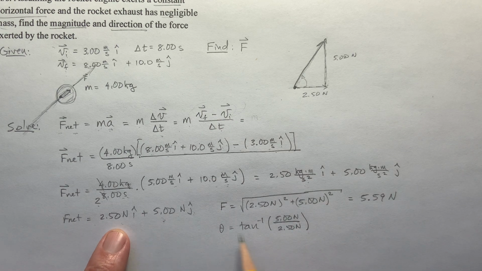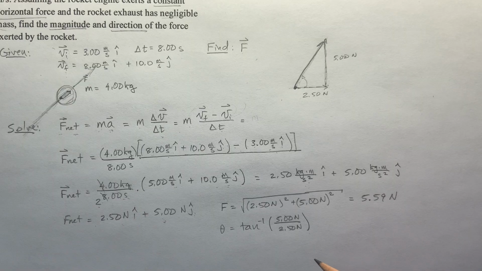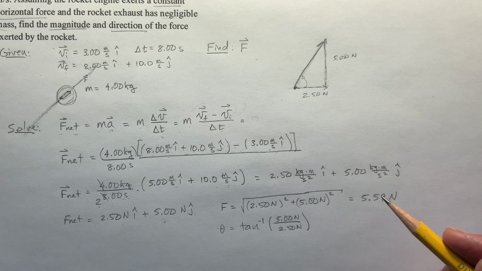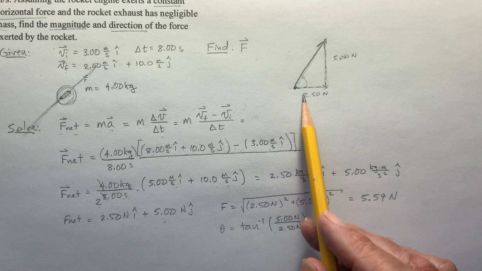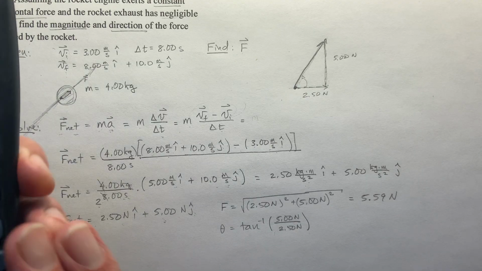Now, if the x component was negative, that means this vector would be in the second or third quadrant. Your calculator is not smart enough to give you an angle in the second or third quadrant using inverse tangent. So you would have to add 180 degrees to your answer if the x component was negative. But it's not negative in this problem. It's positive, so we don't need to worry about that.